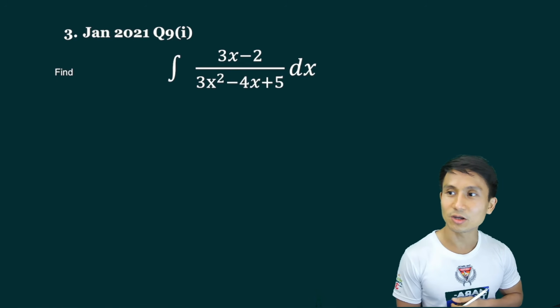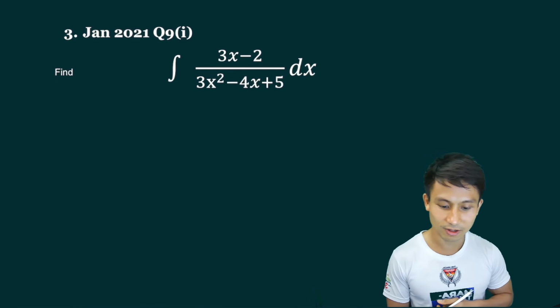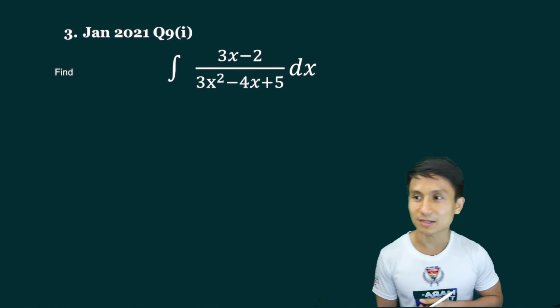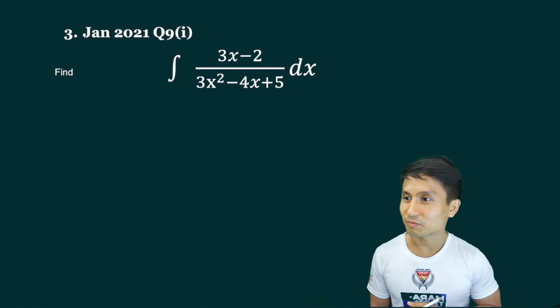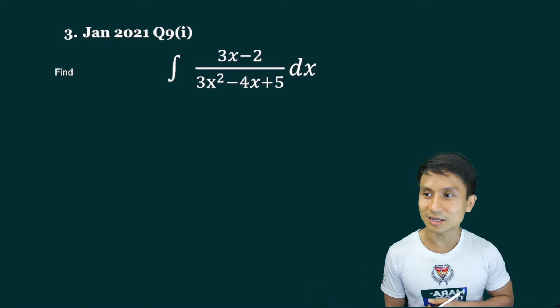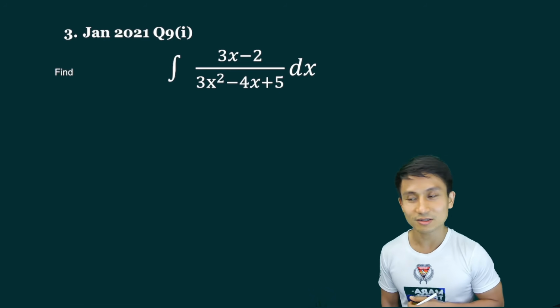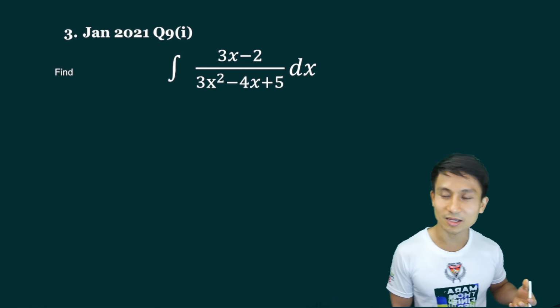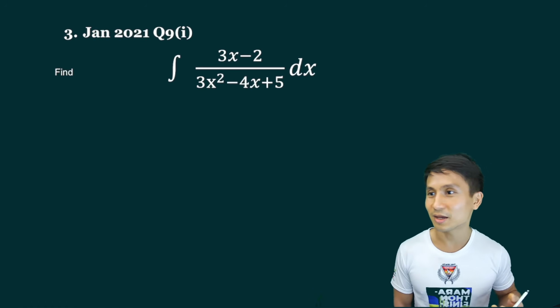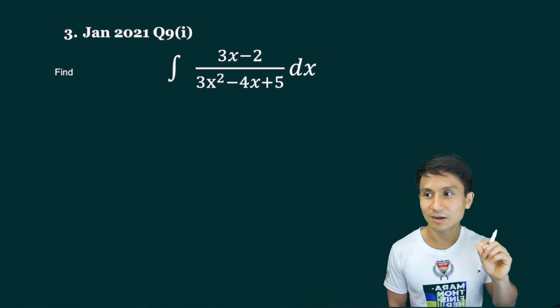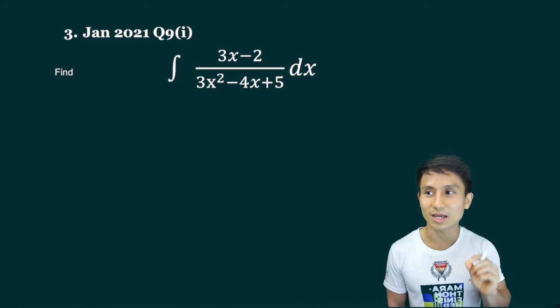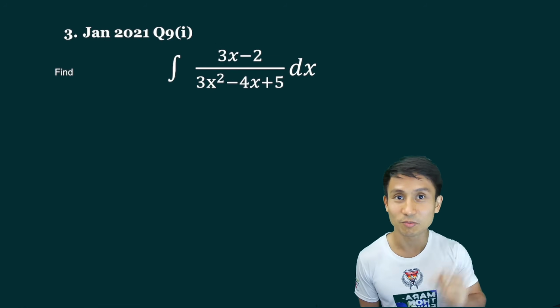Okay, this might look a little more intriguing. Now we have to integrate that. Now, people might think, okay, is this partial fractions? Well, you can try. But it is easier if you try differentiate the bottom first.